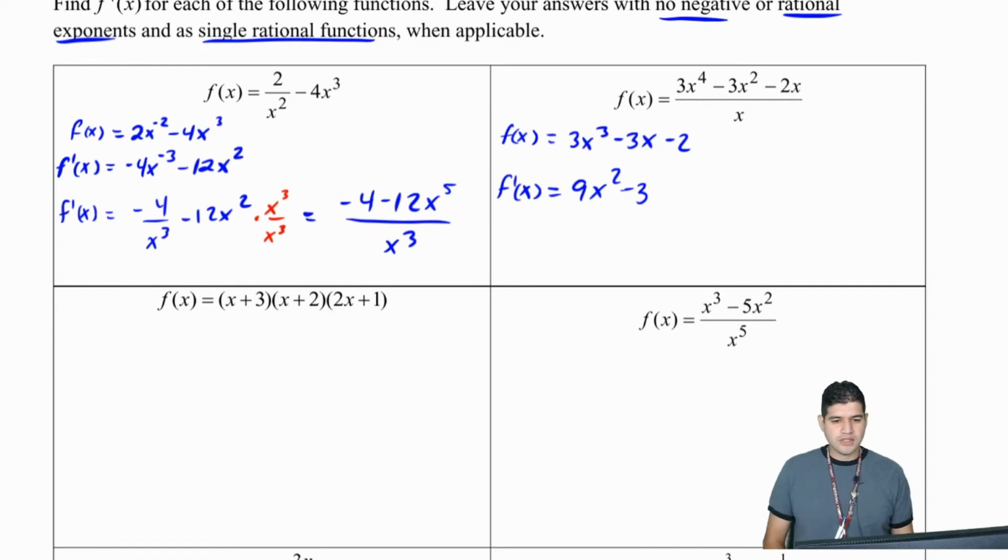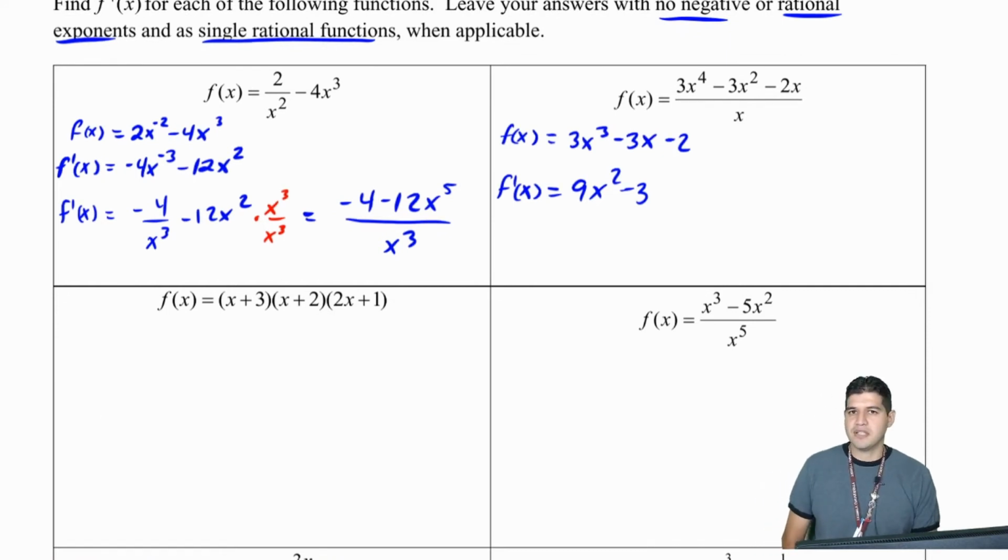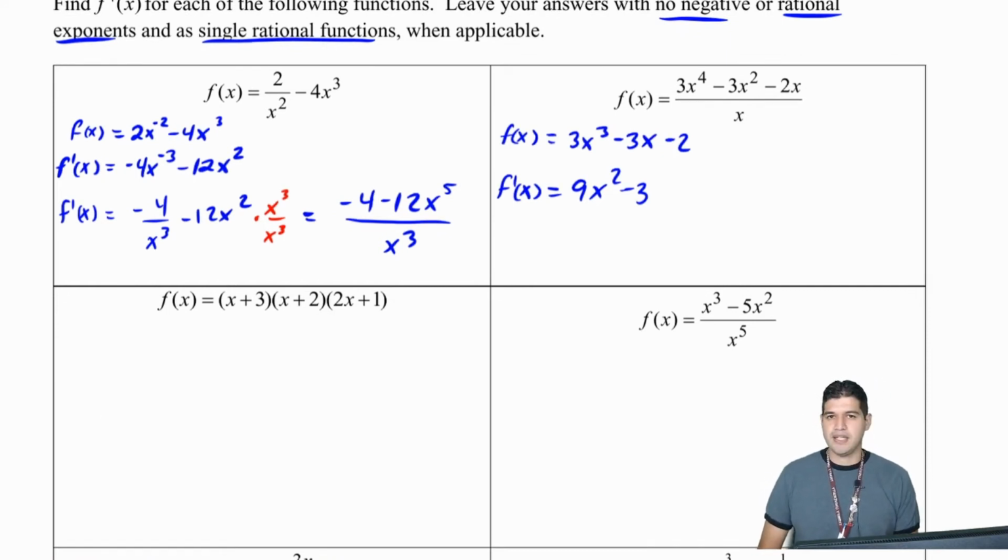Now on to our third problem. I'm definitely going to want to multiply all of this out to make it into polynomial form. So f of x equals, let's see, x squared plus 5x plus 6, and I still need to multiply all that by 2x plus 1. So let's keep going here.